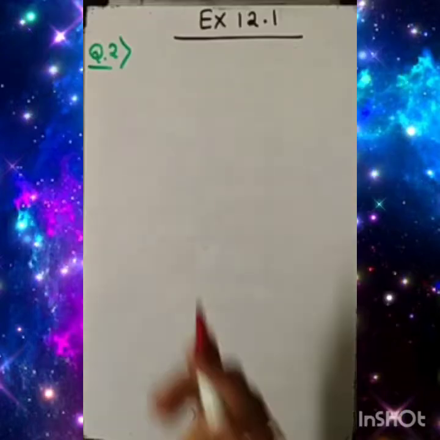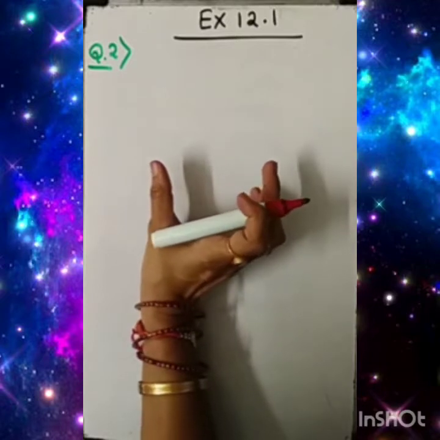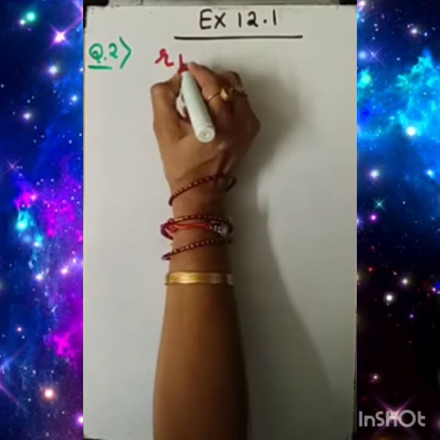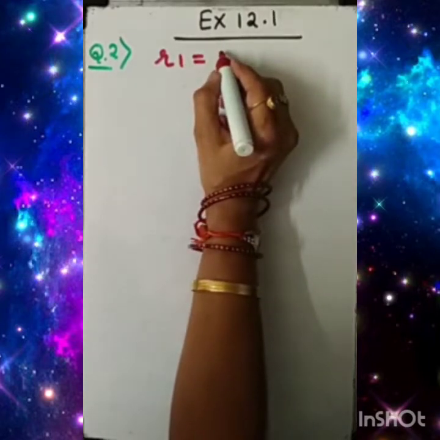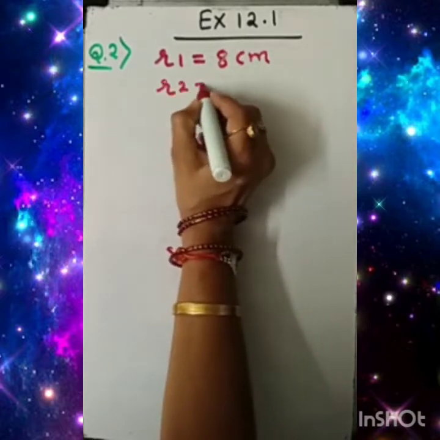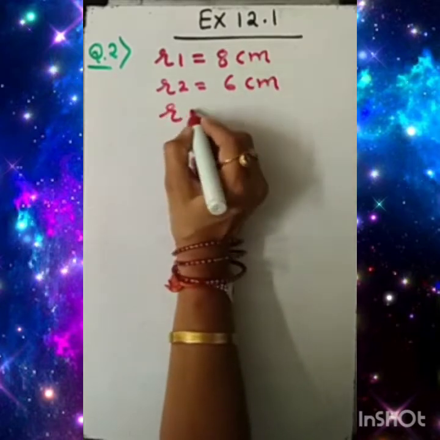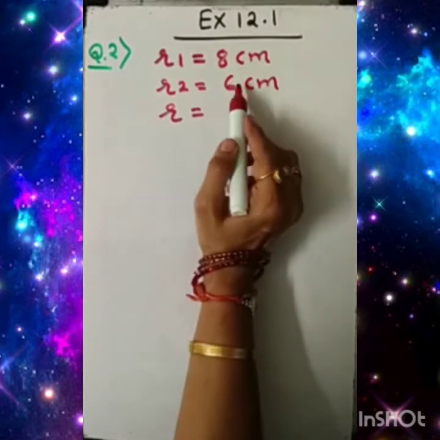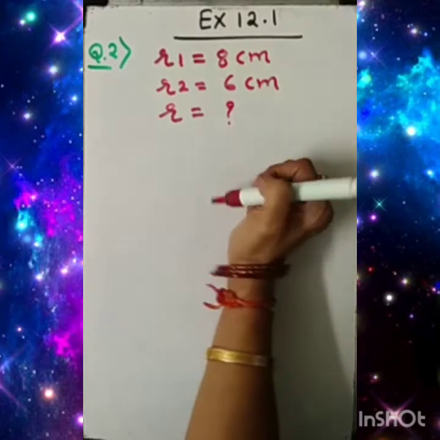First of all, we are given radii of two circles. Radii is the plural. So we can classify it. Let the radius of the first circle be 8 centimeters, and the radius of the second circle be 6 centimeters. And similarly, the new circle which is formed with the area of these two circles, the radius of that circle is r.